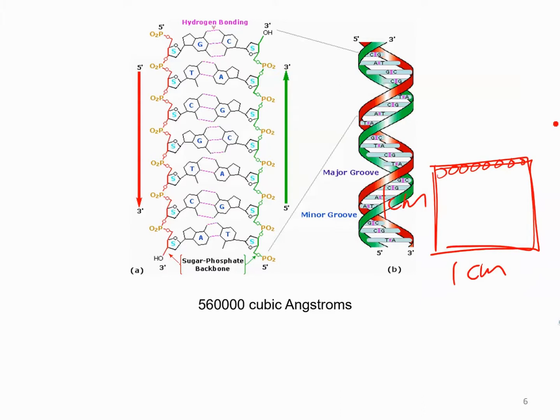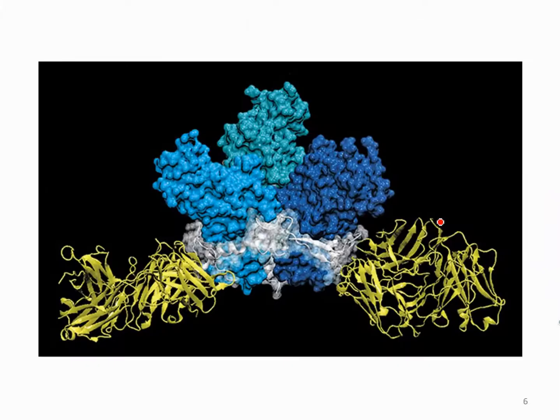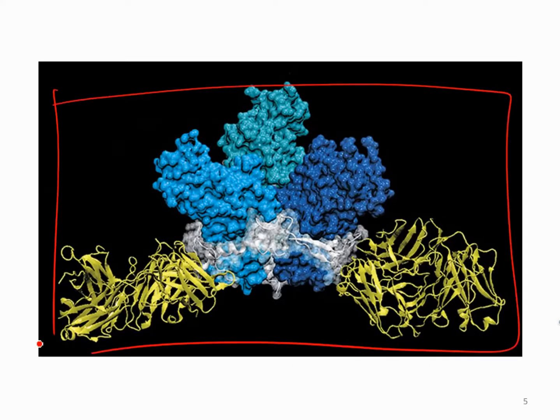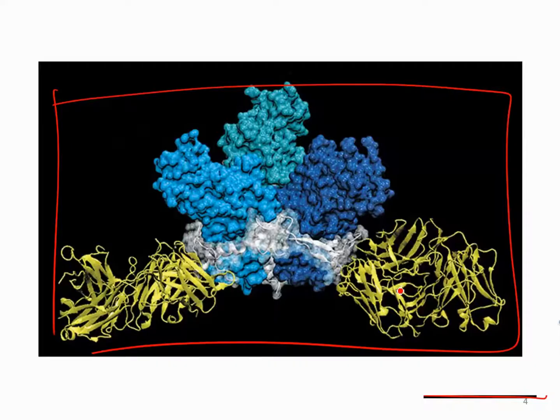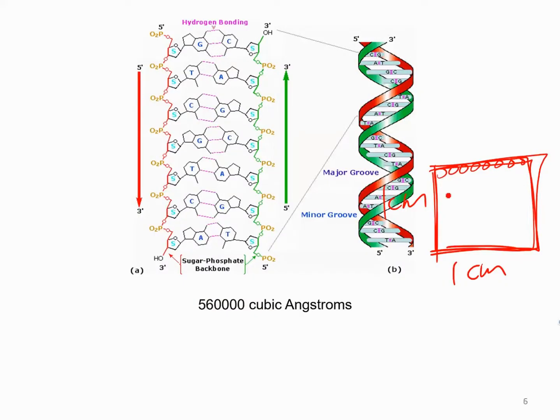So there's no way that we can determine the structure for this sample. There's no way that we can know how the Ebola looks like, unless this sample is crystallized as a single crystal.